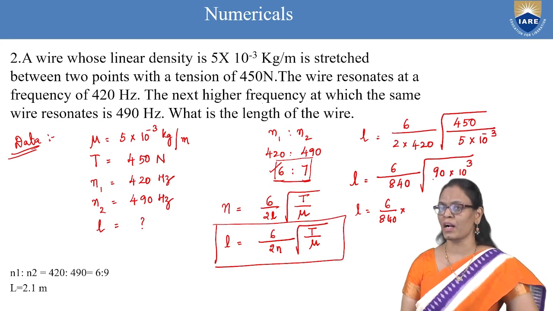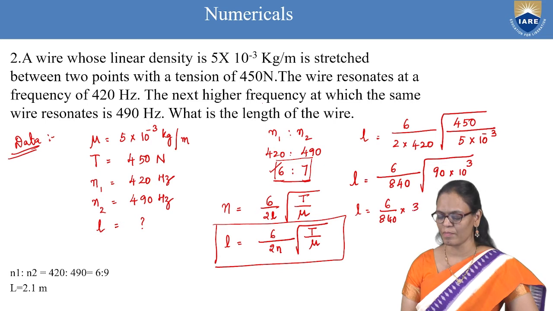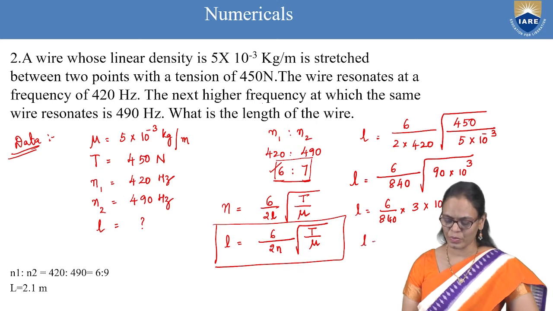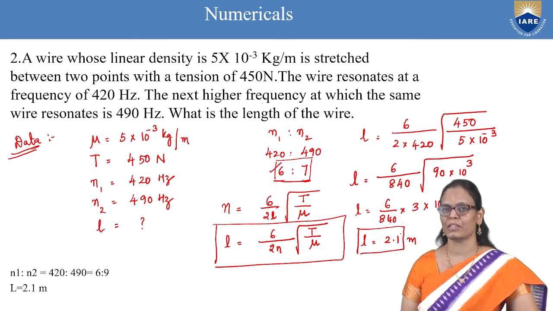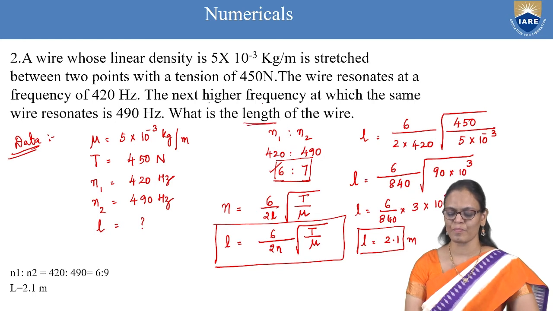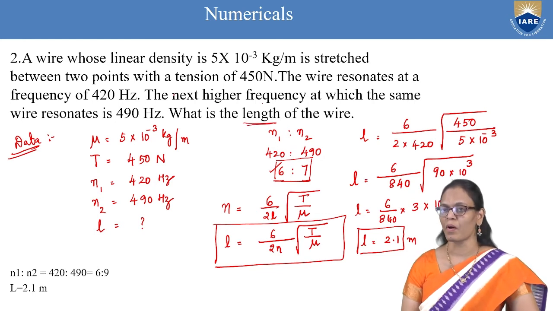Under root 9 will give us 3, and 10 power 4 under root will give us 10 power 2. So when you simplify, you get the value as 2.1 meter. So the length of the wire at which the wire resonates is 2.1 meter.